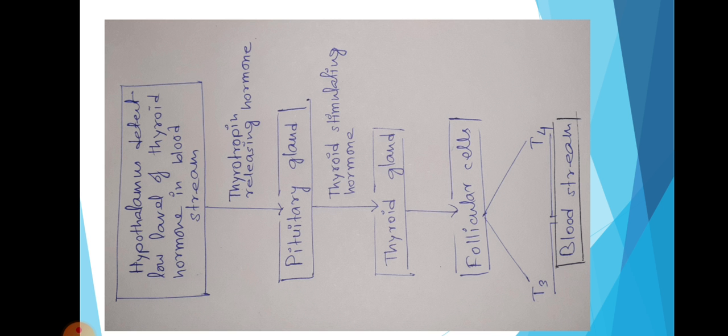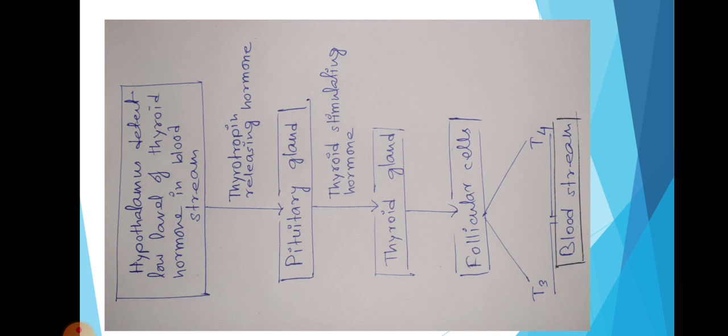So apart from these follicular cells, there are also parafollicular cells, which secrete calcitonin, and follicular cells secrete T3 and T4. Now T3 is known as triiodothyronine and T4 is known as thyroxine. So the main hormones secreted by the thyroid gland are T3 and T4.